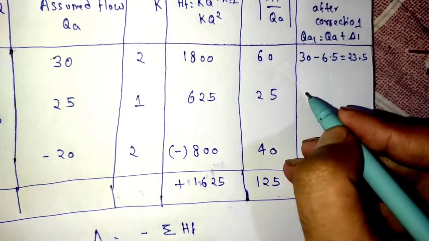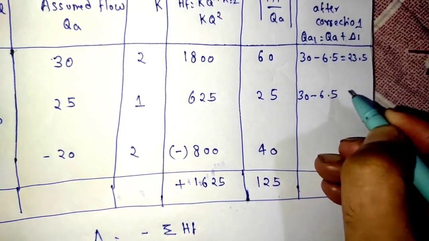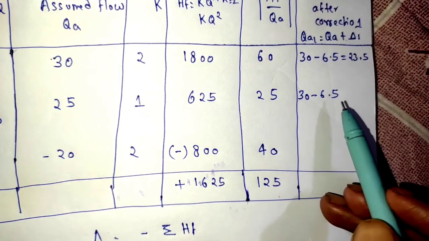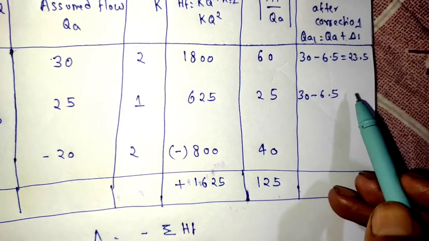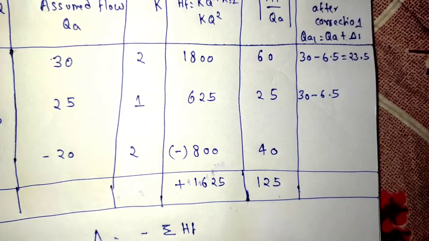Now for BD you cannot just write 30 minus 6.5. You can write it here, obviously, but the thing is that you don't have the value of delta for the loop BCDB. What I had told you a little while ago is that for the common pipe system we will have to apply the correction in both the loops, right?